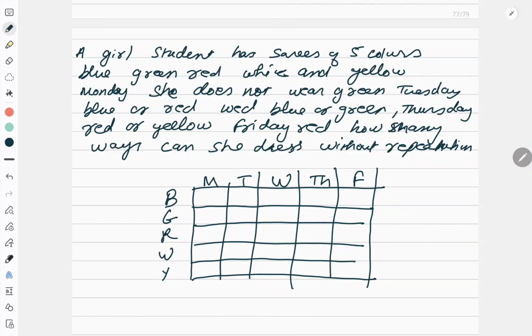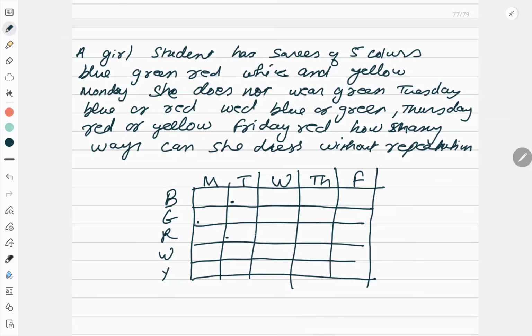Now Monday she does not wear green. Okay, so Monday she doesn't want to wear green. Tuesday she doesn't want blue and red. So blue and red are blocked on Tuesday. Correct? Now the next one is what? Wednesday, blue and green.